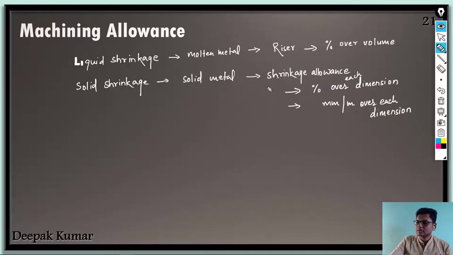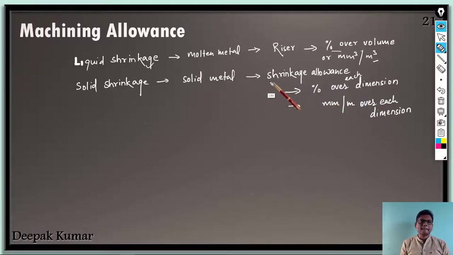So that is the difference we can understand. If the allowance is given as percentage over volume, or something like millimeter cube per meter cube, then it is liquid shrinkage. And if the allowances are given like millimeter per meter over each dimension, or percentage change in dimension, that is solid shrinkage.